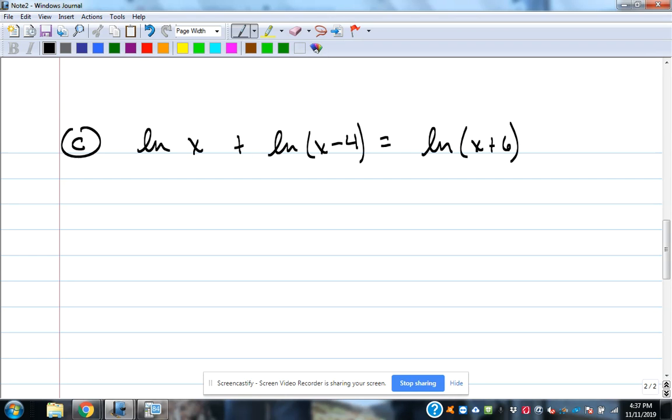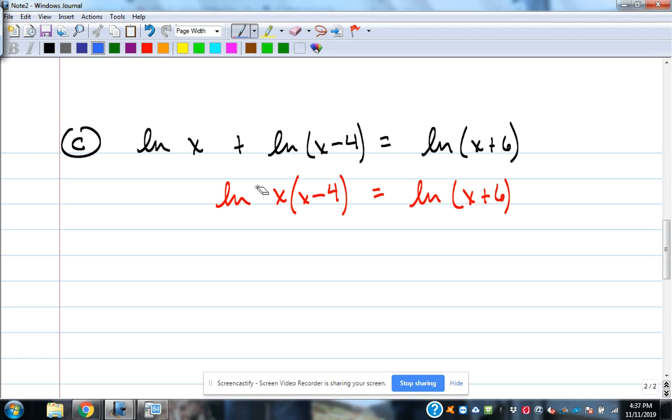So we want to condense that down. And how do those condense together? Multiplying. So it's going to be natural log of x times x minus 4, equals natural log of x plus 6.